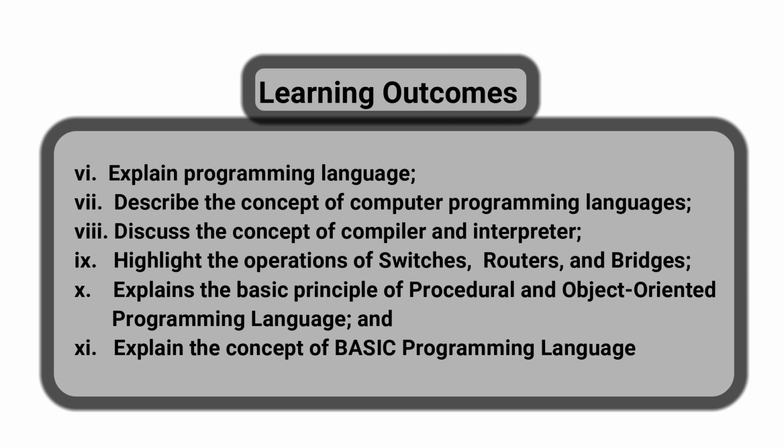Describe the concept of computer programming languages. 7. Discuss the concept of compiler and interpreter. 8. Highlight the operation of switch, router, and bridge. 9. Explain the basic principles of procedural and object-oriented programming languages.